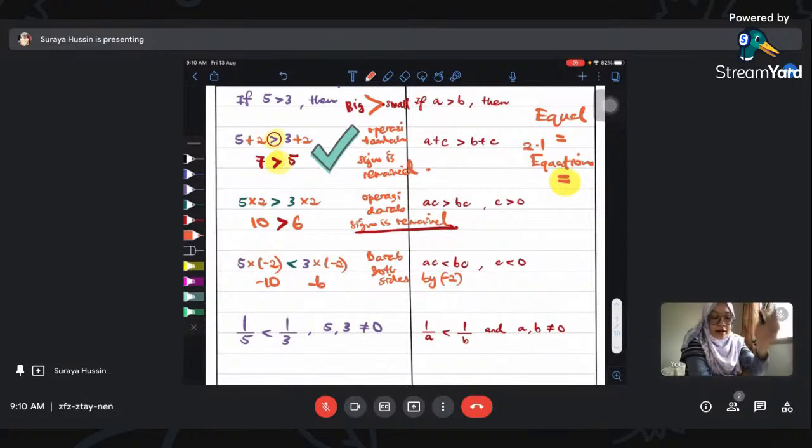Is it negative 6 or negative 10 that is bigger? I'm asking which one is bigger. Okay, negative 6 is bigger, right?